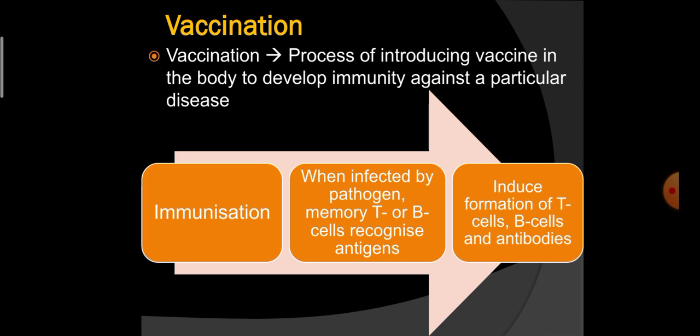Now immunity develops due to the different cells of the immune system. When the person is infected, memory cells will develop, and the T cells and the B cells will recognize these antigens.